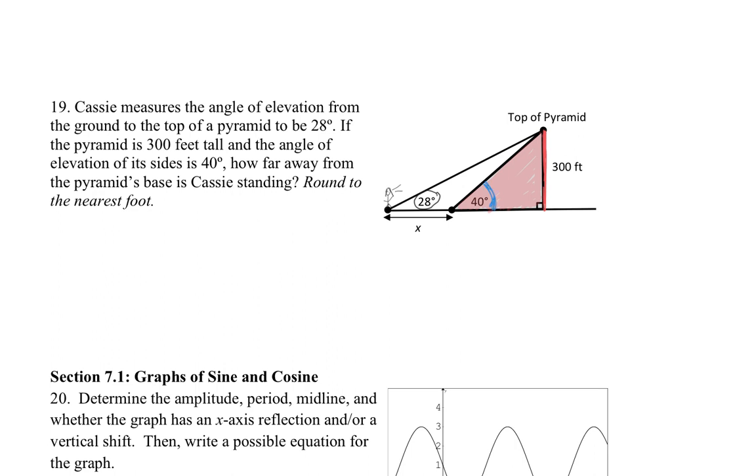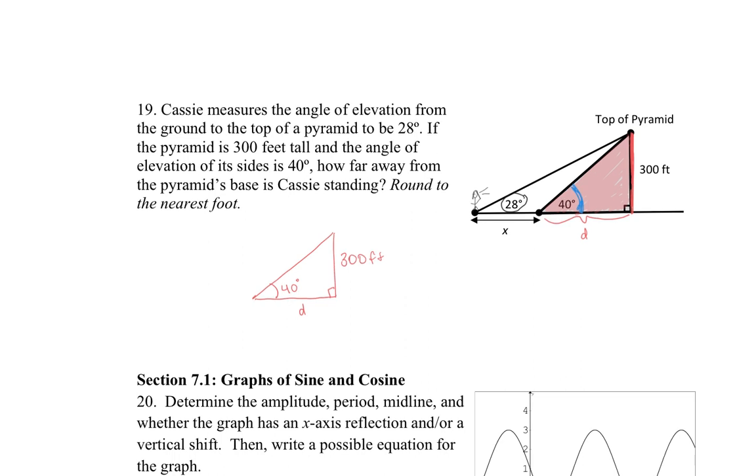So again, just like the last problem, I'm going to split these triangles up real quick. So this is our pyramid right here, and we have some distance here that we don't know. I'm going to call it D. And we have some height, 300 feet, and some angle, 40 degrees. Now I'm going to draw out our triangle in terms of where Cassie's standing, looking at the top of the pyramid.